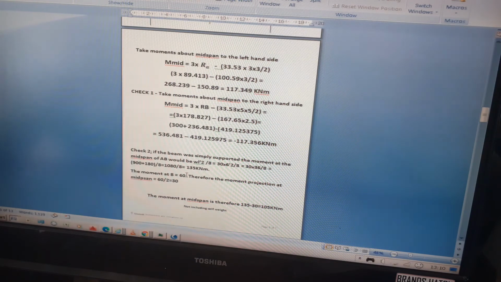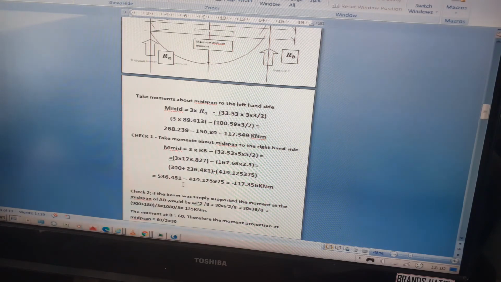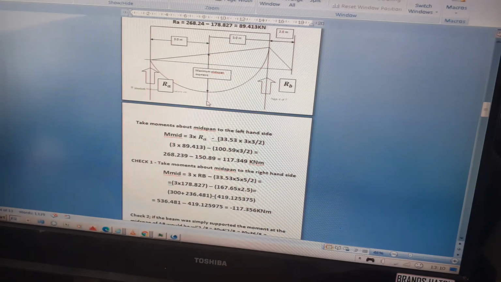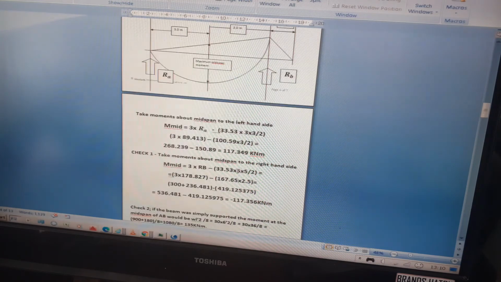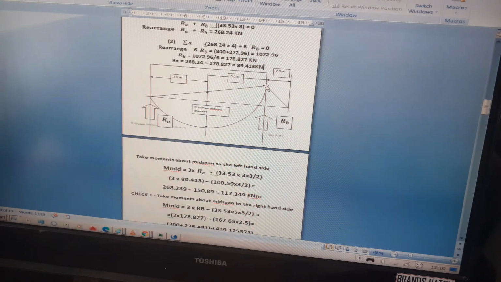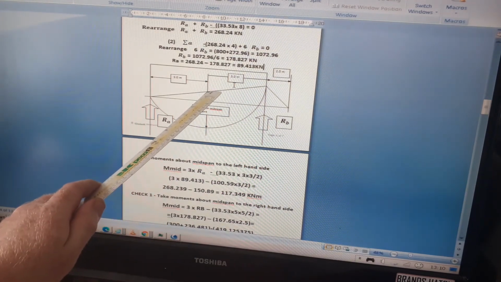So just to go back and check, as I was saying, the second check: if the beam was simply supported, then the maximum moment would obviously be at the middle, and it'll be WL squared over 8. We know that the moment at the support B is 60, so at the middle it must be half, that triangle.